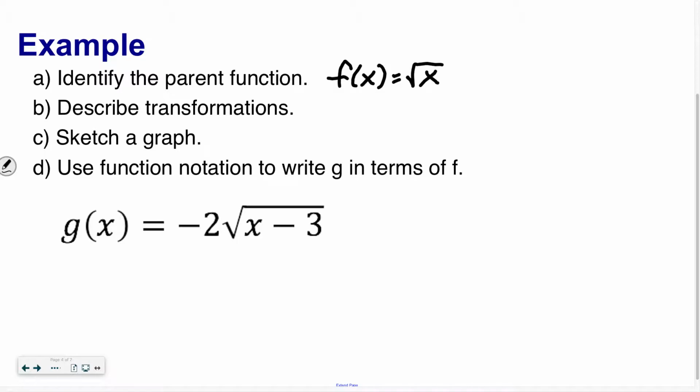Vertical stretching, and a flip over the x-axis. So it's going this way. Oh, right, by a factor of 2. So it's going right.